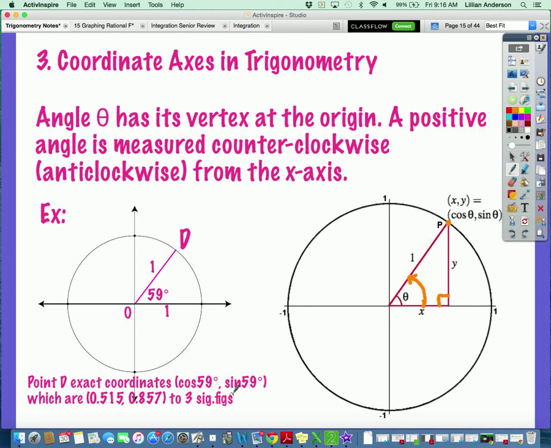Questions on this particular example? So if they ever gave you a degree and they asked you to find a particular point, you can use sine and cosine again to find your respective points of location.